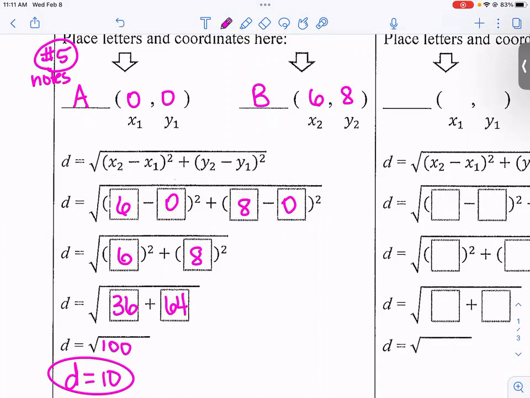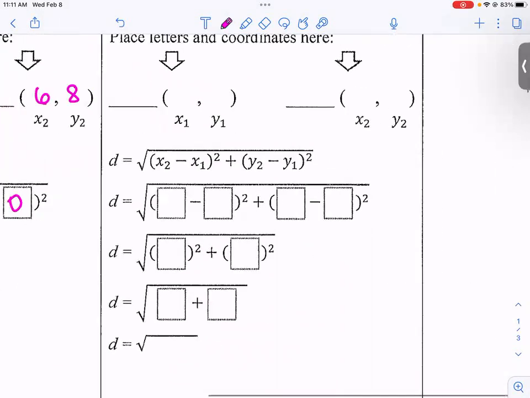All right, let's do number 6. Okay, so number 6, we have the coordinate R is negative 2, 3, and we have the coordinate S as 3, 15.